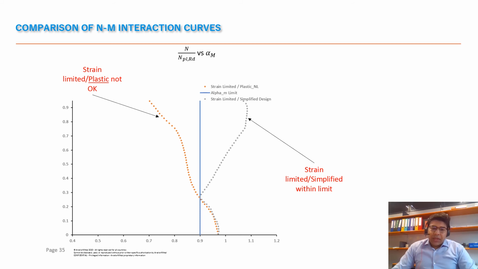And you can see that the alpha M1, which is strain limited by simplified curve, lies for an arbitrary section below the limitation set by Eurocode of 0.9, whereas strain limited by plastic is exceeding this value for a different location in the cross section.